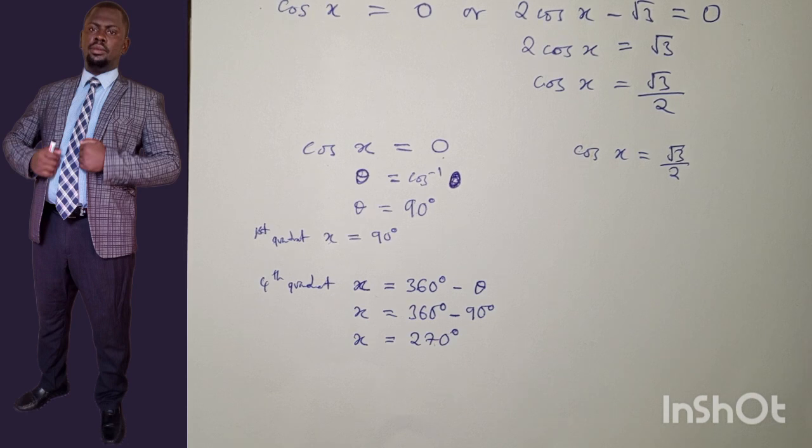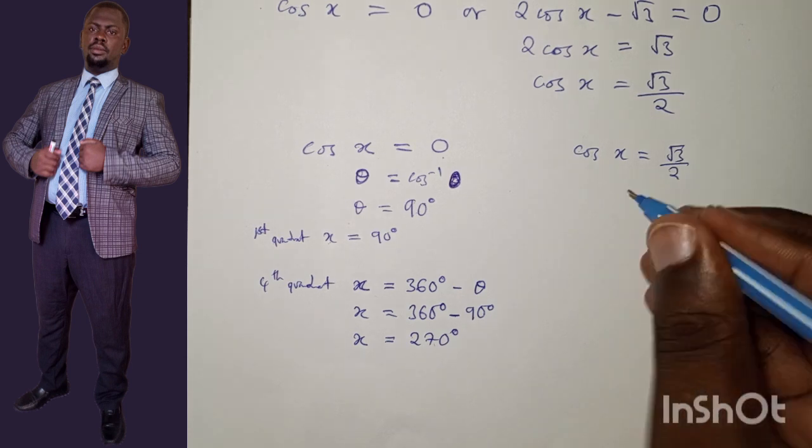First we need to find theta, the angle in the first quadrant. The angle in the first quadrant helps us calculate the other values. It's not always the case that the angle in the first quadrant will be part of the solution set.